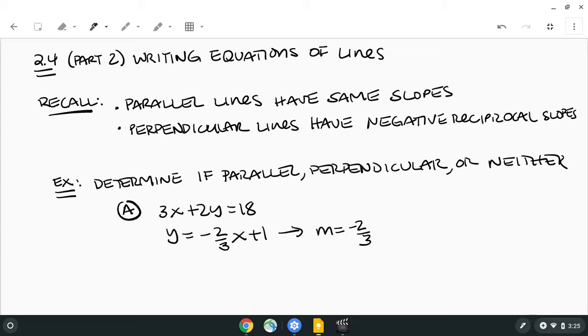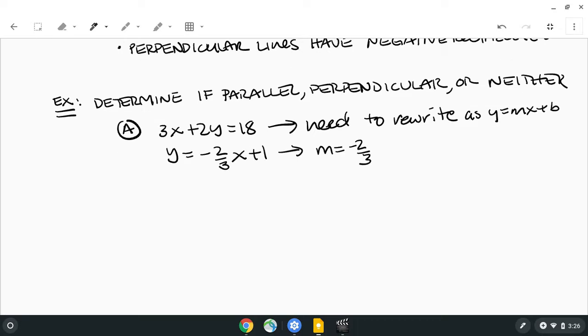Okay, so for this one over here, I need to rewrite this as y equals mx plus b.